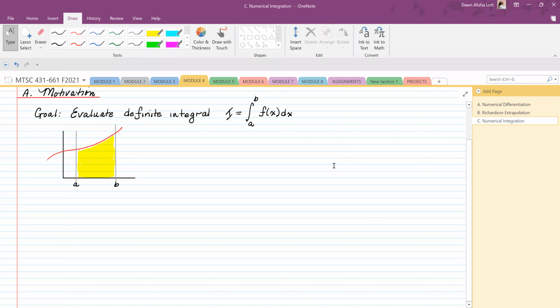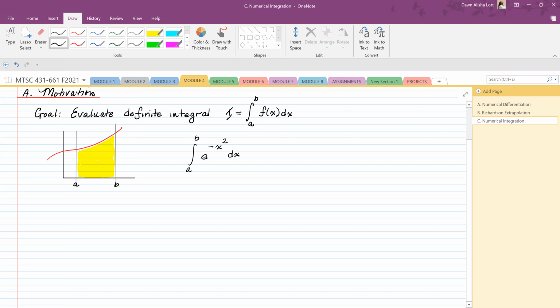Okay. One of the most difficult integrals to integrate is the integral of e to the negative x squared. All right, which is the Gaussian, and being able to use that for the normal distribution in statistics. I can't integrate integral from a to b of e to the negative x squared dx.